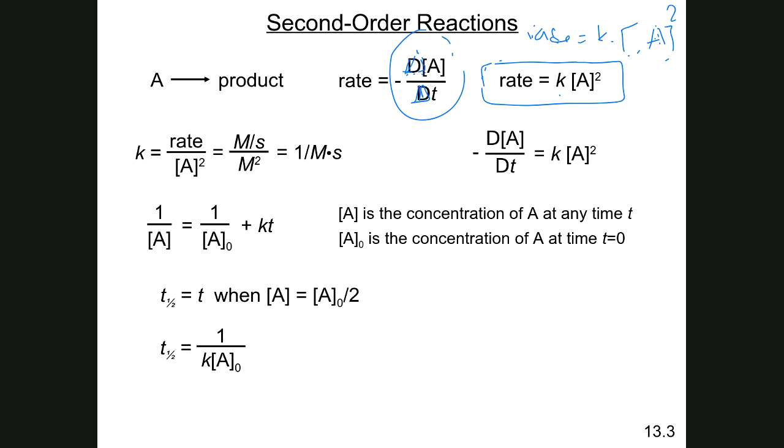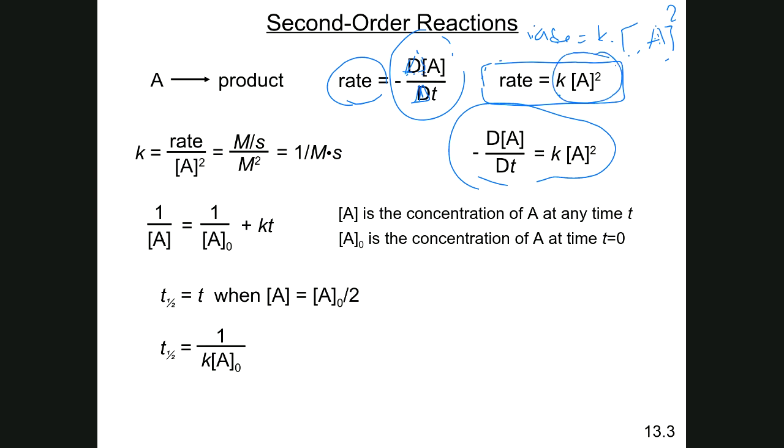So this is basically the math part of this. These two rates are the same rate. One is expressed based on the change in concentration, and the other one is based on the rate law.